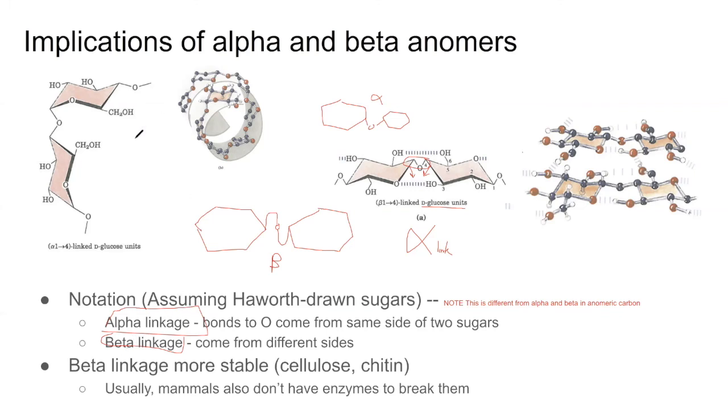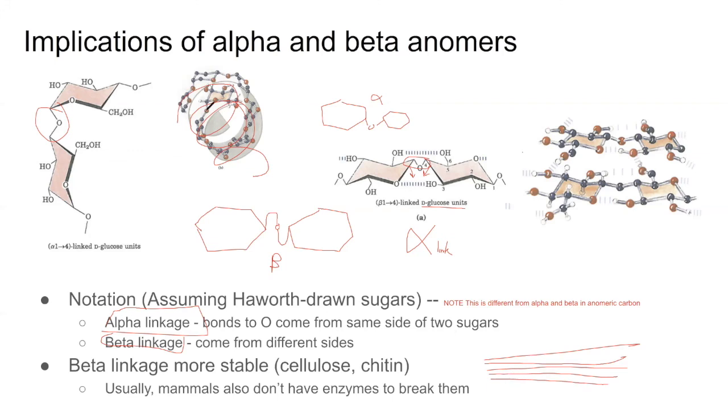And one thing to note, when you have an alpha linked sugar, the shape they create is often something like this, where the sugar ends up such that it starts curling around. And that's usually the most stable shape for alpha linkage. For beta linkage, the final shape ends up looking like sheets that are parallel. I know my lines aren't parallel, but they end up looking like that. And so as a result, they're very stable.